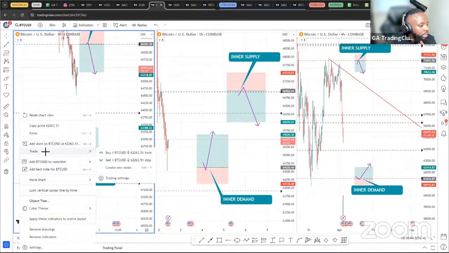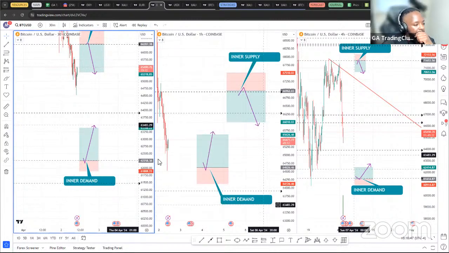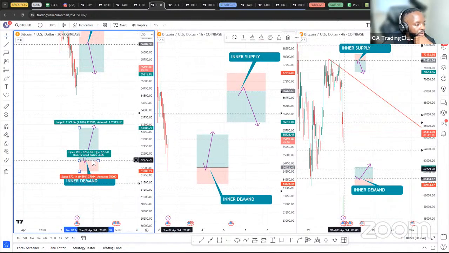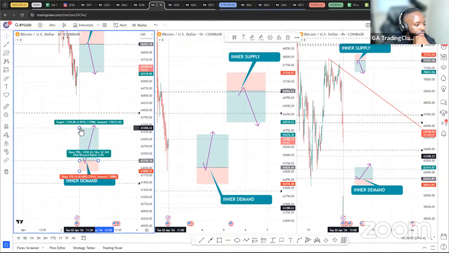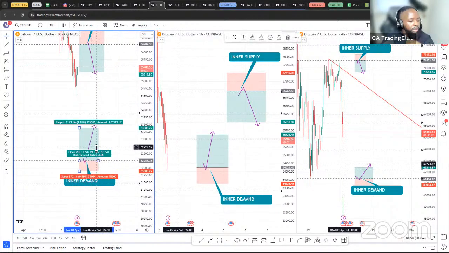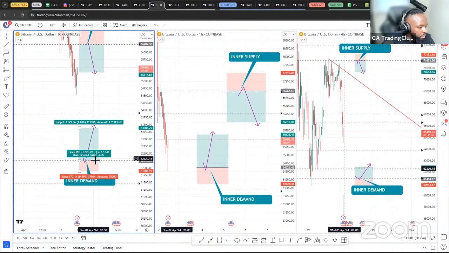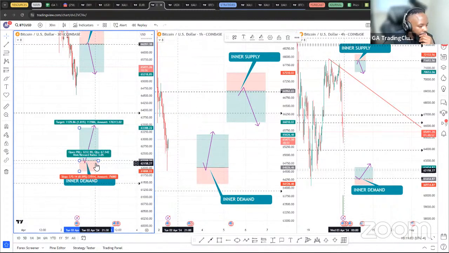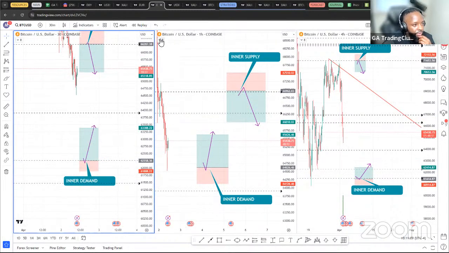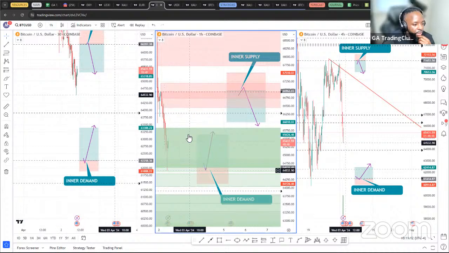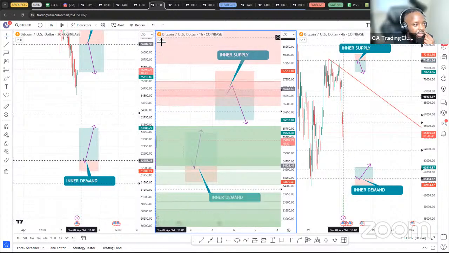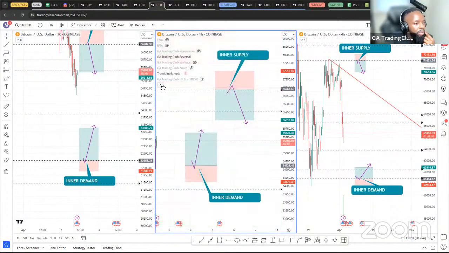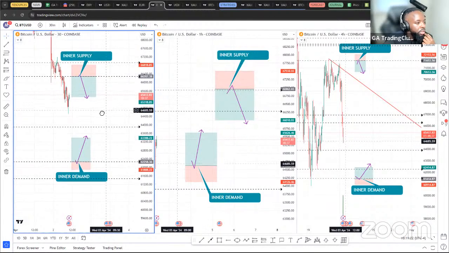The supply should still be the same. Alert. All right, my computer is still frozen a little bit, or TradingView. The 1 hour still remains, and the 4 hour ideally should remain as well. So I'll take this screenshot.